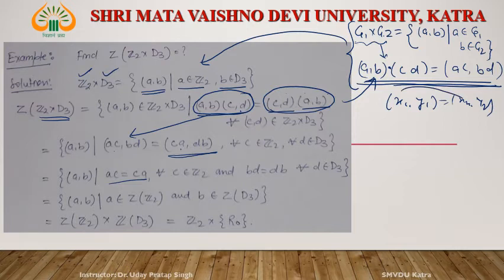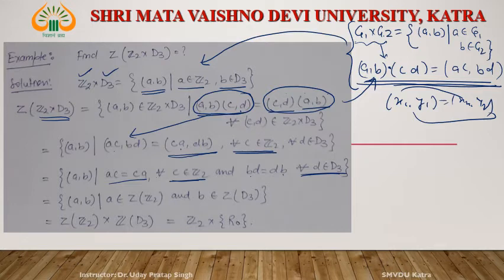It means x1 equal to x2, y1 equal to y2. AC equal to CA for all C belonging to Z2, and BD equal to DB for all D belonging to D3.